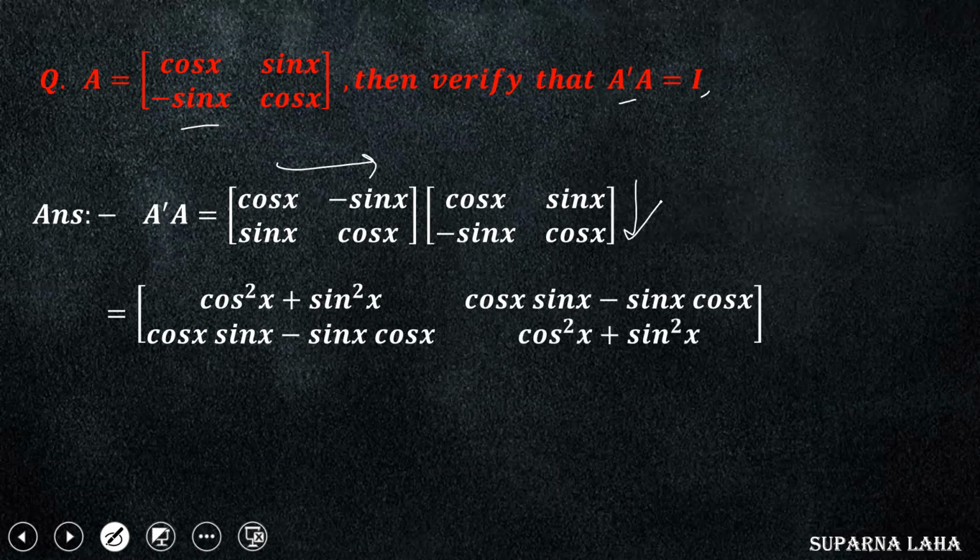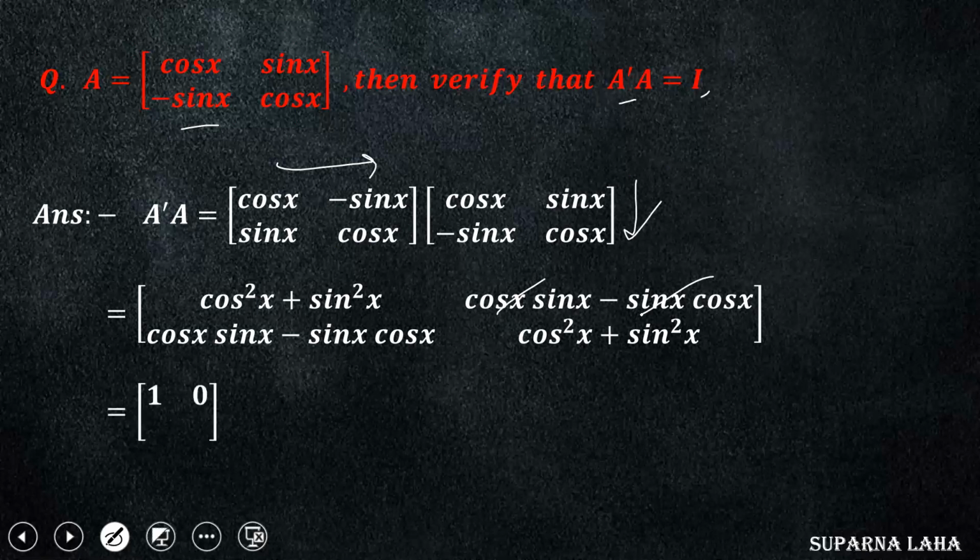And you know that cos square x plus sin square x is 1, and the other terms cancel, so in that place we can write 0. So that will be 1, 0, 0, 1, and this is the identity matrix. We already know the definition of the identity matrix, so we proved that A transpose into A is given by this identity matrix I.